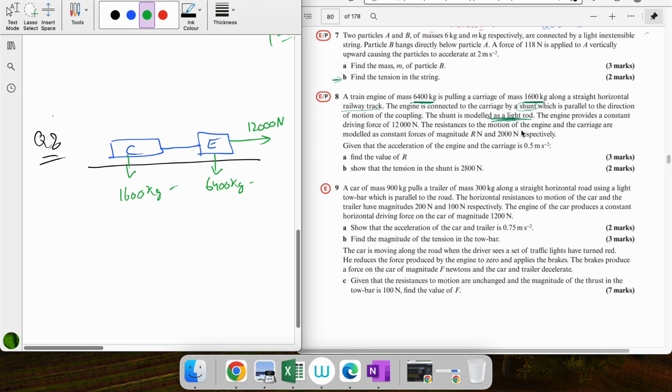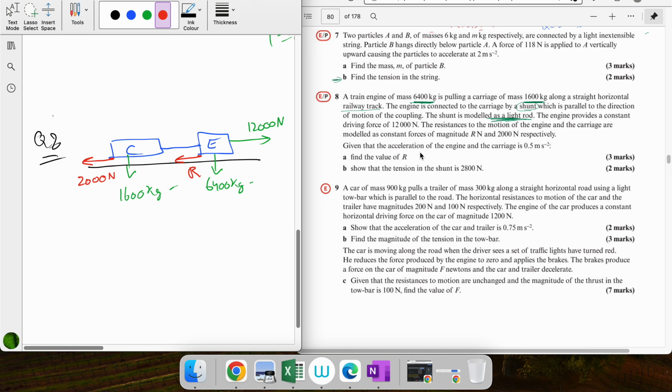The resistances to motion of the engine and the carriage are modeled as constant forces of magnitude R and 2000. So R is the resistive force on the engine and 2000 newtons is the resistive force on the carriage.